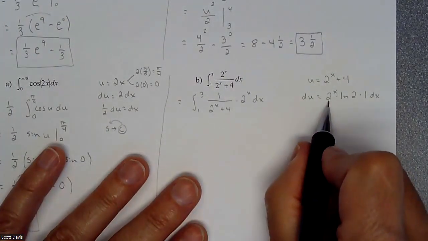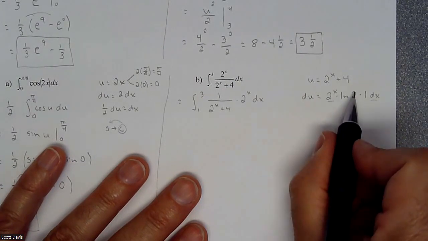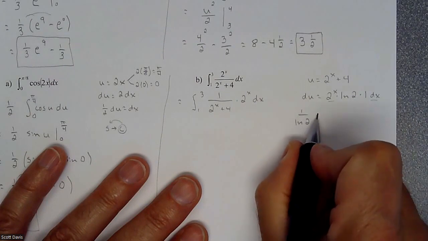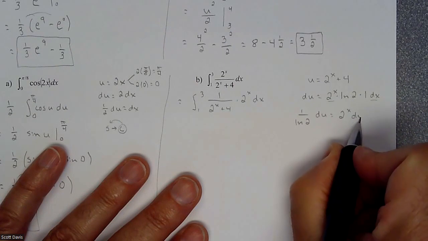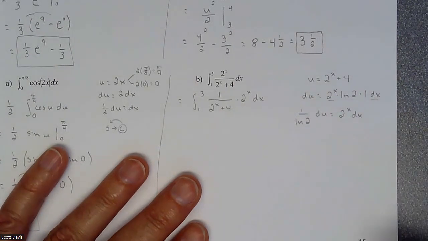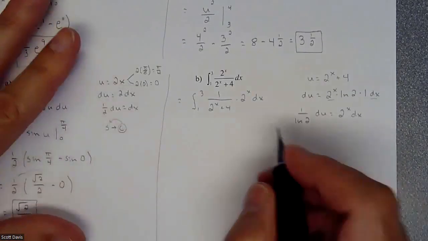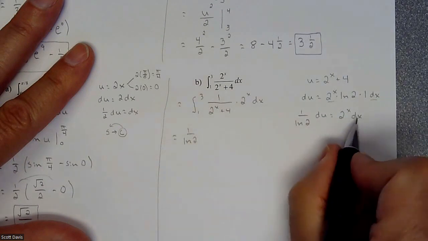Okay, well, I have a 2 to the x dx, but I don't have a natural log of 2, so let me pull that over to the other side. Equals 2 to the x dx. I definitely don't need that 1 on there. So this can be replaced with 1 over the natural log of 2 and du.